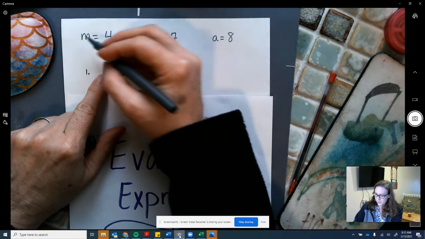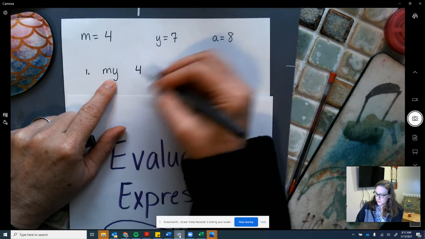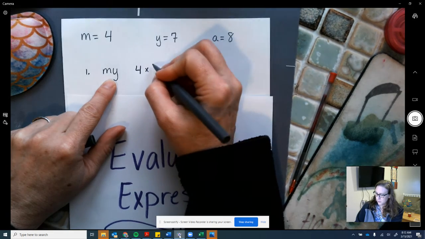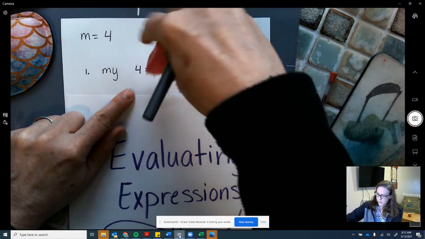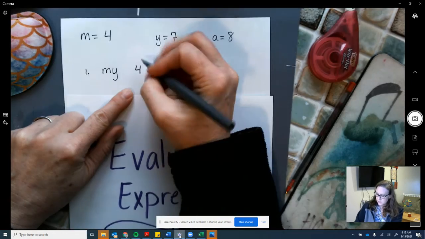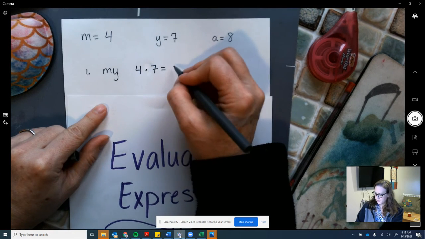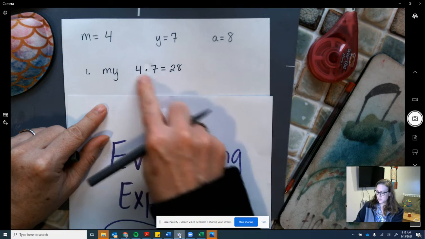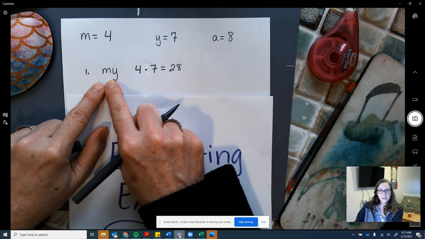So we are taking the letter M, which is 4, times the letter Y, which is 7. Again, we probably should move away because that looks like we're multiplying it by a variable of x. So 4 times 7 equals 28. So we rewrite it with the numbers that represent the letters.